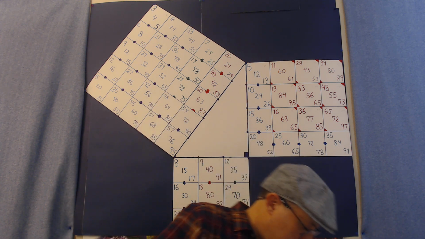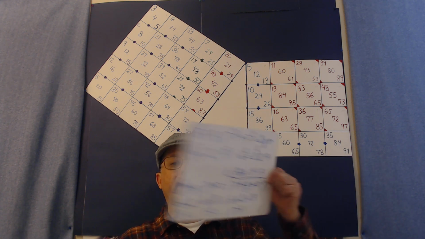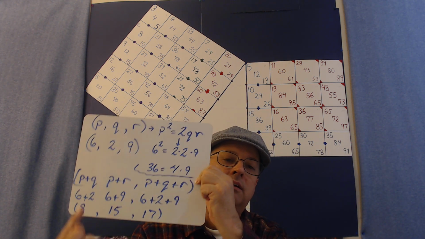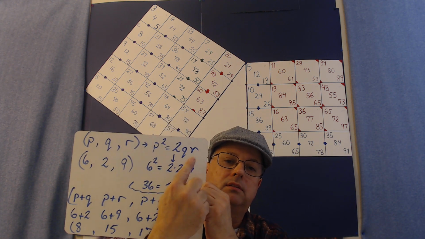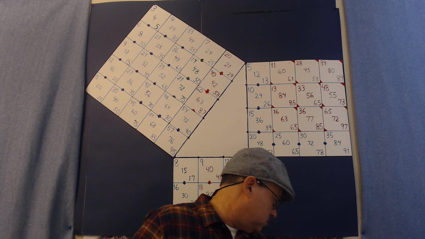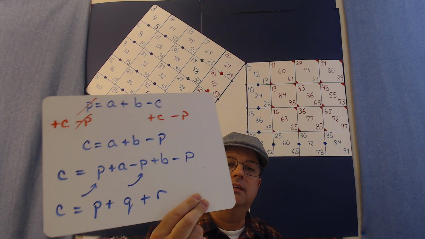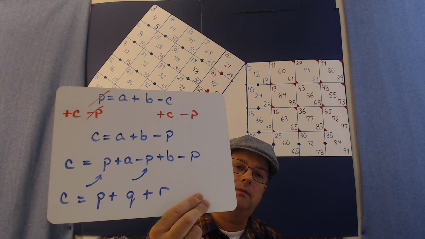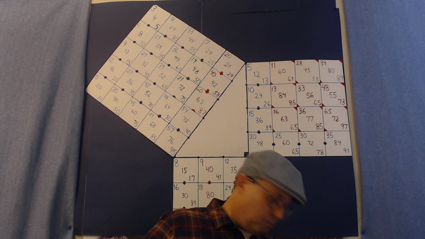But you don't just try to pick something that fits the condition. You have a formula that you can use all the time. P is A plus B minus C. And so now there's no more wondering which numbers to pick to make P squared equals 2QR.